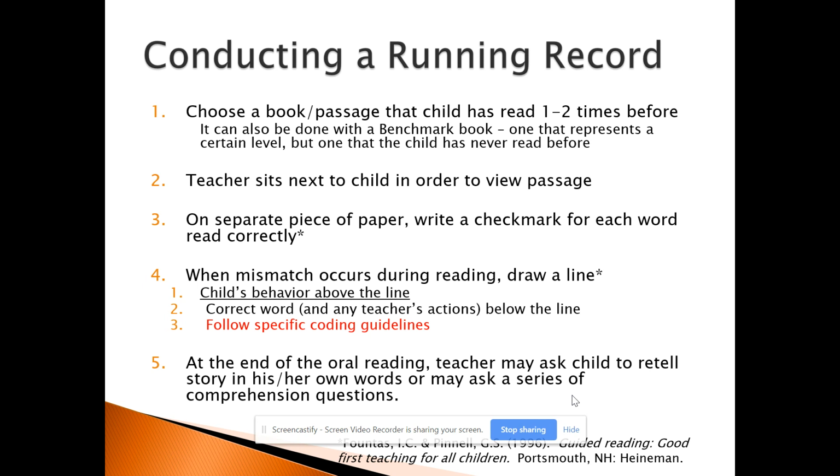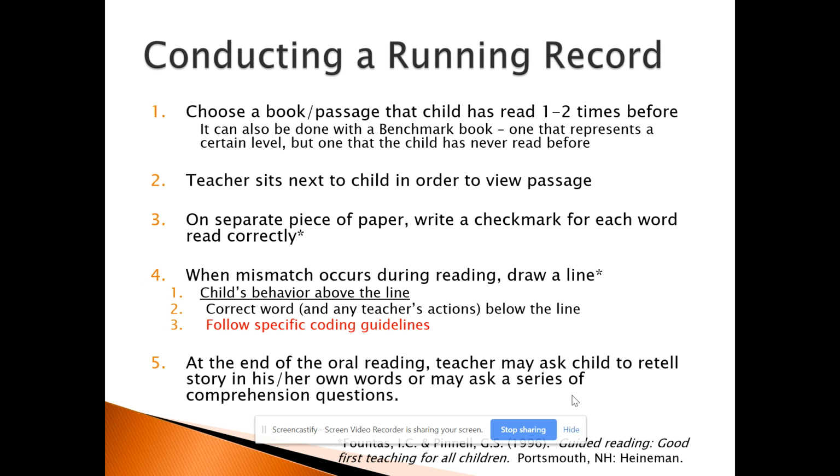So you choose something for the student to read. Then you sit next to the student so that you both have your eyes on the text. You will want a copy of the text. So if you have a paper copy, make yourself a paper copy, because you're going to need to check mark and do the coding for the student as the student reads.